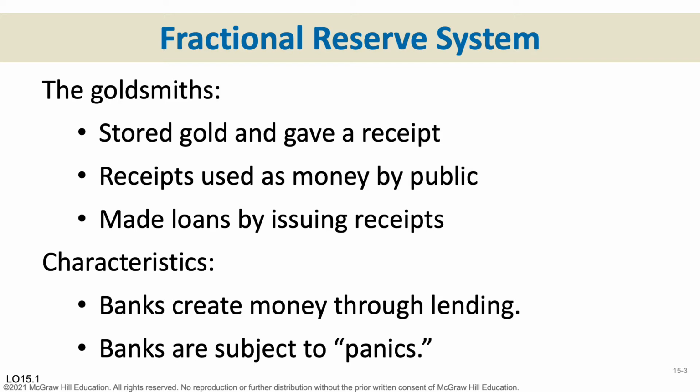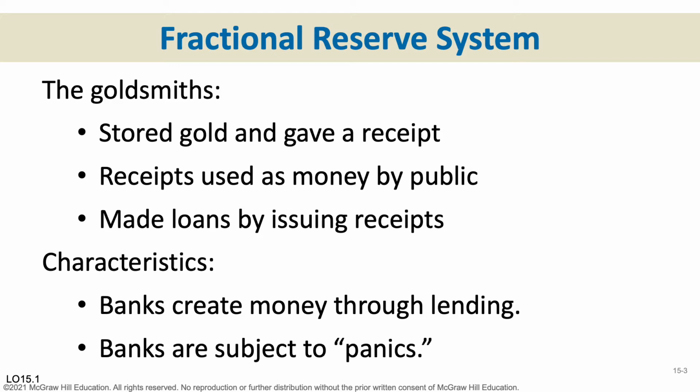They found that since people were using the receipts for a medium of exchange, rarely did anybody come back to redeem the gold unless they were moving out of the territory. So the goldsmith got the idea that, well, I could loan some of this gold out and make more money for myself because the people aren't going to all come back and get it at the same time.